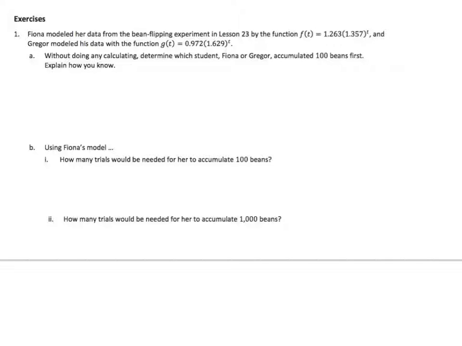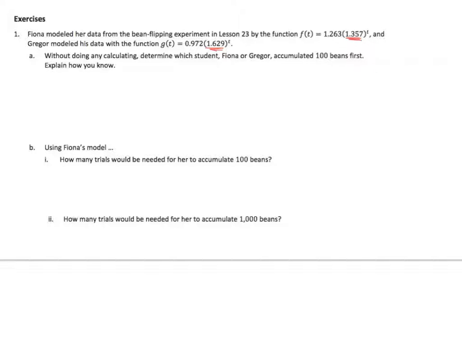Fiona modeled her data from the bean flipping experiment, which we did with buttons in lesson 23, by the function given, and Gregor modeled his data with that function. Without doing any calculating, determine which student, Fiona or Gregor, accumulated 100 beans first, and explain how you know. Let's look at the base. That would tell us, right? Fiona's base is 1.357 and Gregor's is 1.629.